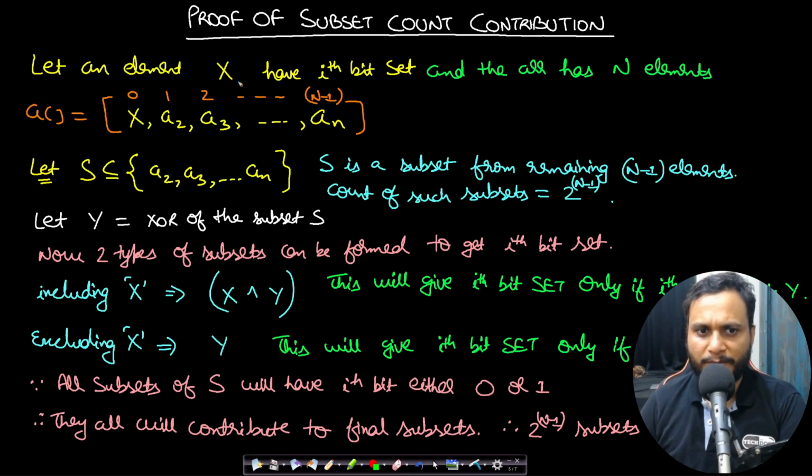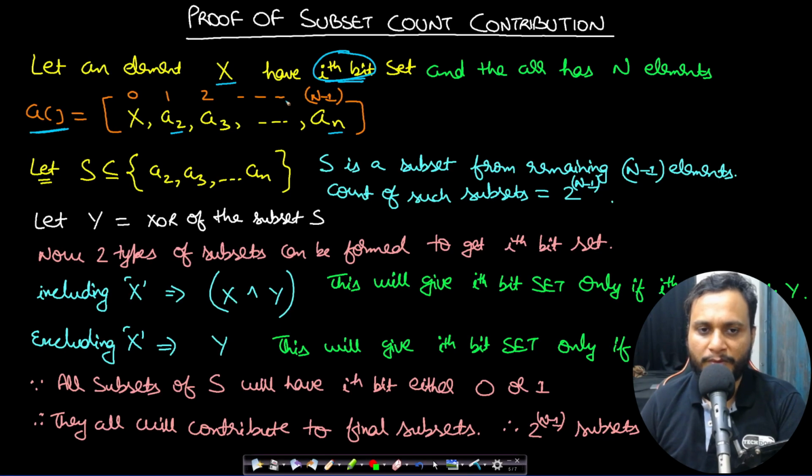Now let an element X have the ith bit set and the array has n elements. Let's say that the given array is X, A2 to AN. So we have a total of n elements, and I'm assuming that the element X has the ith bit set. My goal here is to count the total number of subsets in which the ith bit will be set. That's what I'm trying to find.